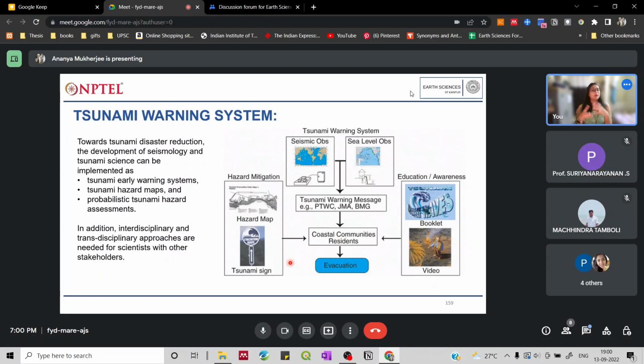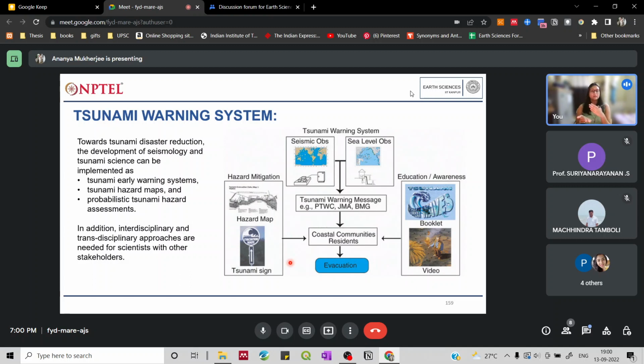For that, again, we need to understand how geological structures are going to behave, and how the rupture will happen. Suppose there are foreshocks prior to the main earthquake that has happened, we have to monitor those.